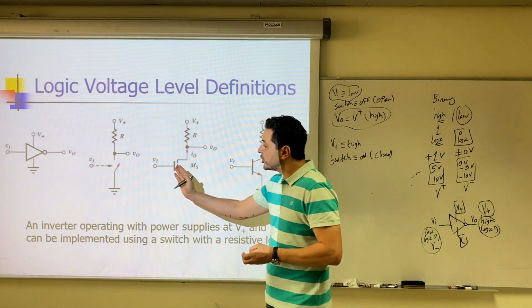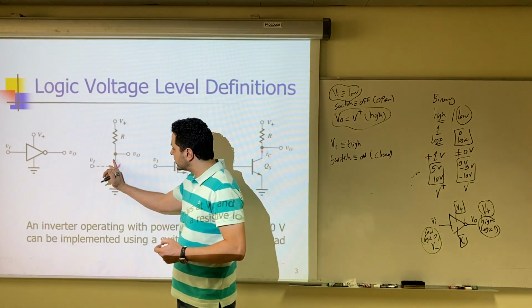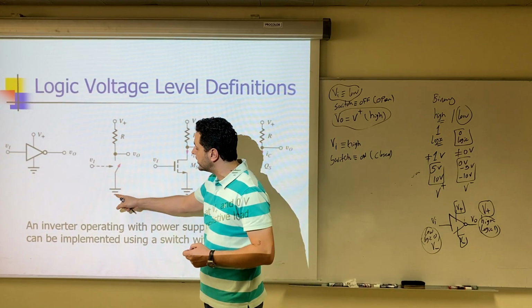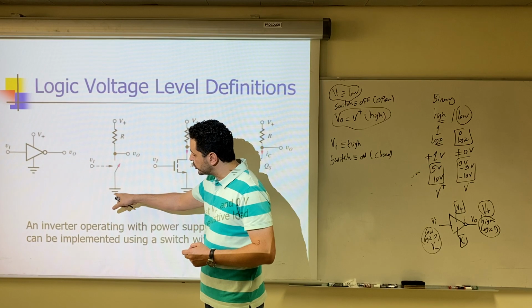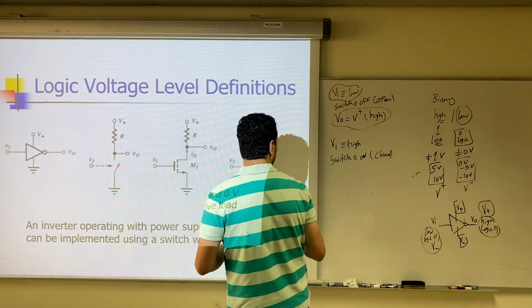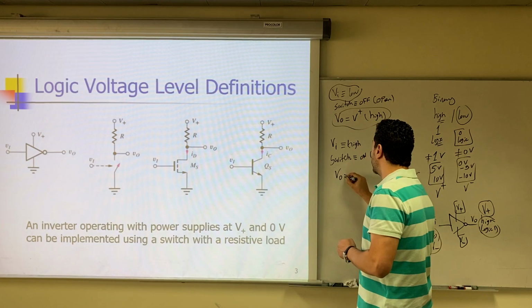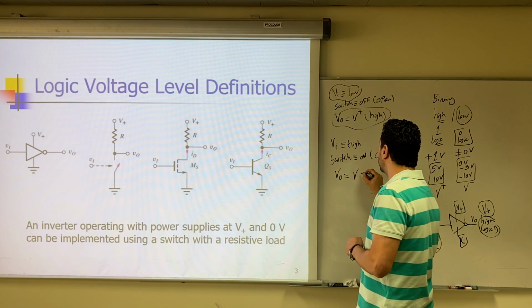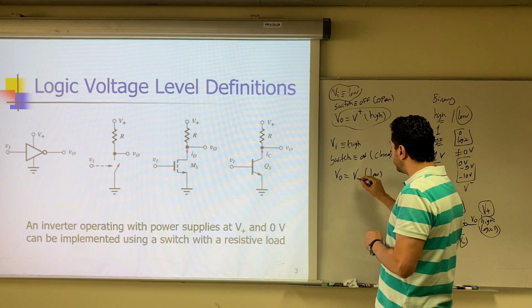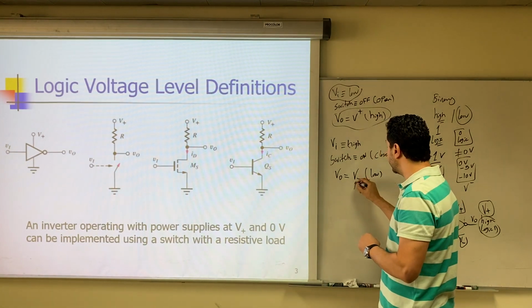Then when the switch is on or closed, short circuit, then the output will be connected by a short circuit to the ground, right? To the low voltage supply. So V output will be equal to V negative, which is the low voltage level. And V negative in our case here, it's ground.